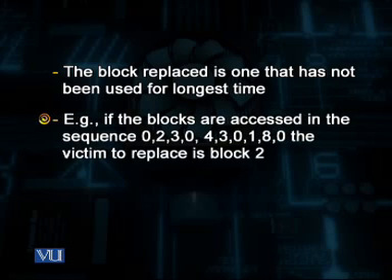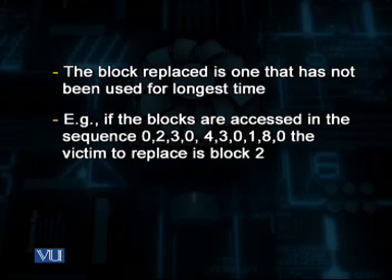For example, if the blocks are accessed in a sequence, say block number 0, then 2, then 3, then 0 again, then 4, then 3 again, then 0, then 1, then 8 or 0, then in this particular case, the victim to be replaced is block number 2, because in this sequence, as you can see, block number 2 was used only at the second place, and after that it was never used.